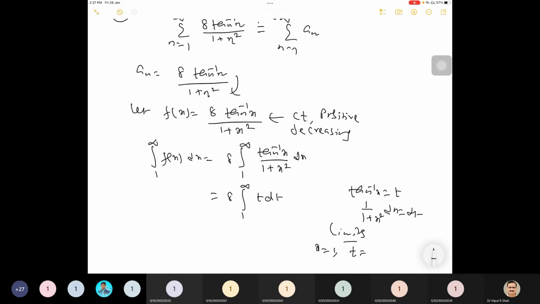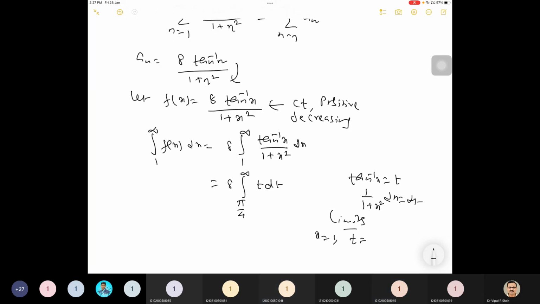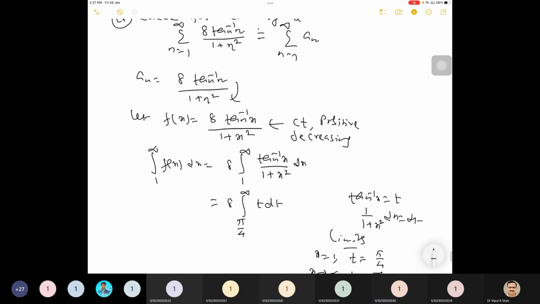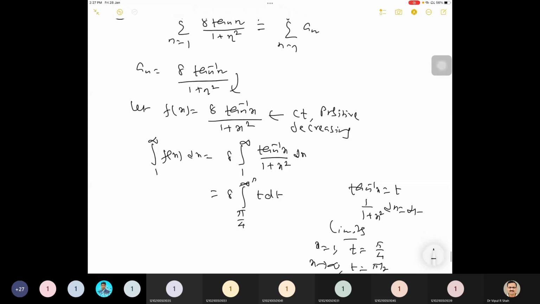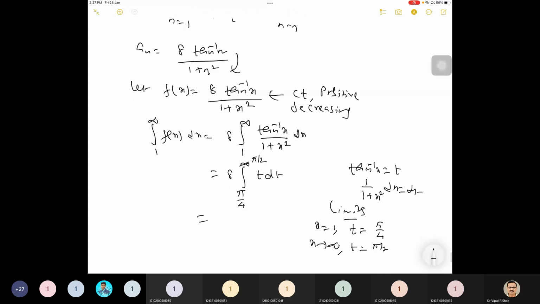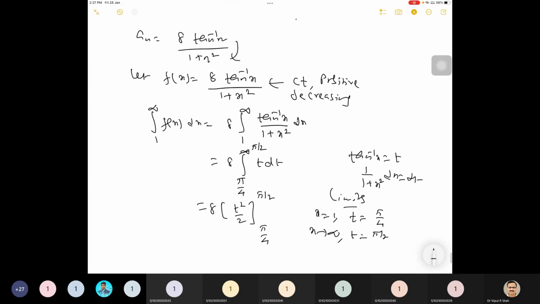What is tan inverse 1? Pi by 4, 45 degrees. And when x tends to infinity, tan inverse of infinity is pi by 2. And so this is 8 t square by 2, from pi by 4 to pi by 2. Yes or no?